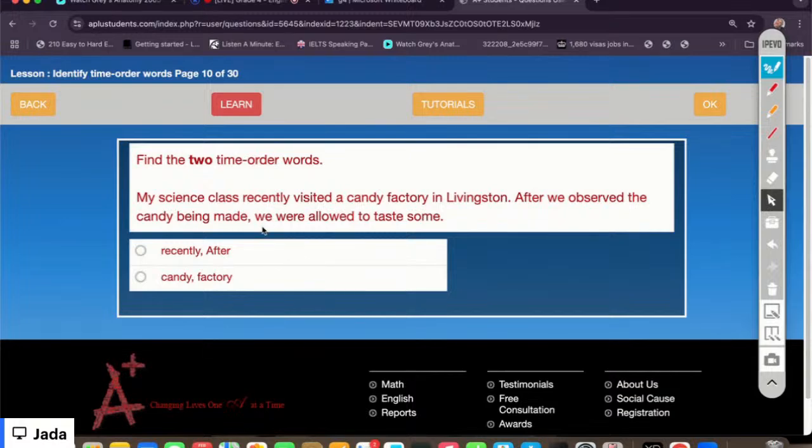So what's the two time other word here? All right, so we have recently and after.